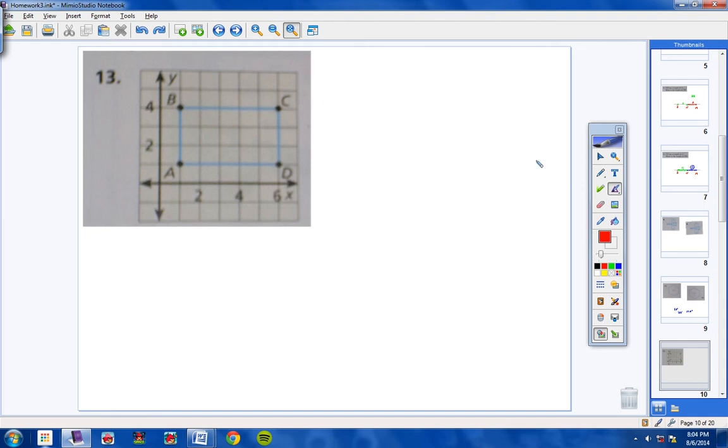The first thing they want you to do is draw AC and BD. So here's AC, and here's BD. Now I'm going to put midpoint of AC. Well, do you see this letter A right here? What's the ordered pair? 1, 1. And do you see the letter C right here?